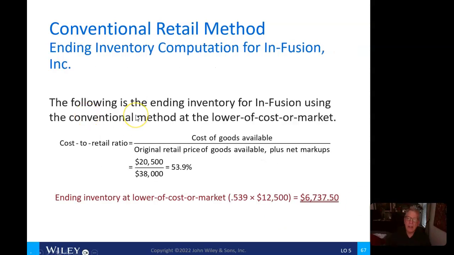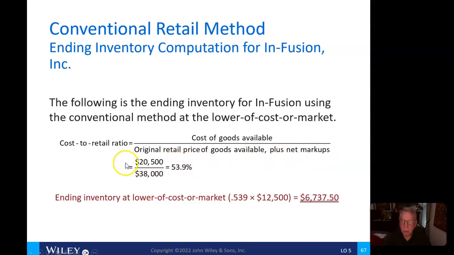Okay, the following is the ending inventory for Infusion using the conventional method at the lower of cost or market. We'll take the cost of goods available and divide into that the original retail price of goods available plus net markups.